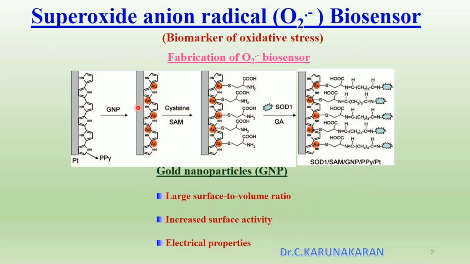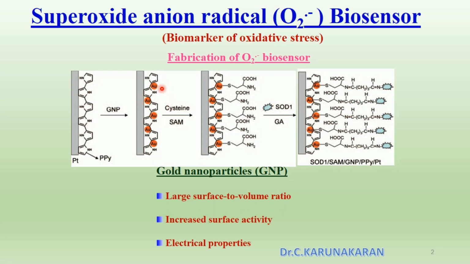In this second session, I will share with you the biosensors we have developed in our lab. For example, we have developed small molecule biosensors. Small molecules such as superoxide anion radical, nitric oxide metabolites such as NO, NO2 minus, NO3 minus, cotinine and glutamate.